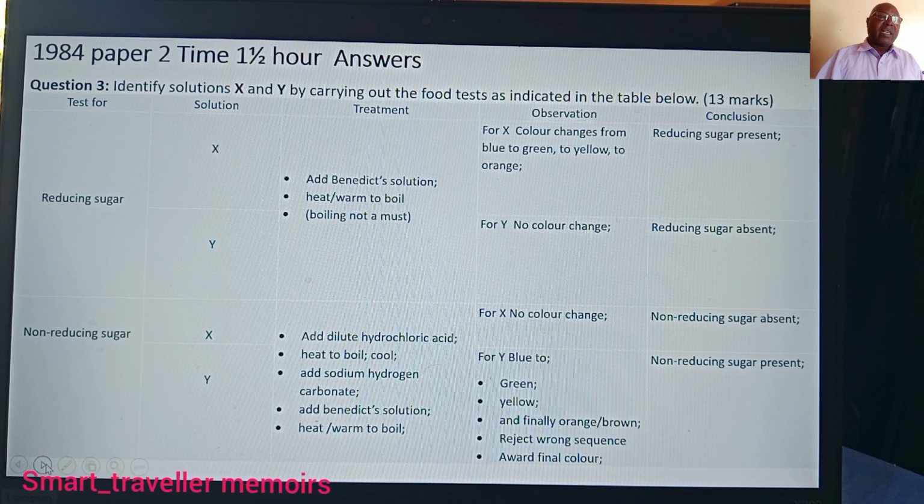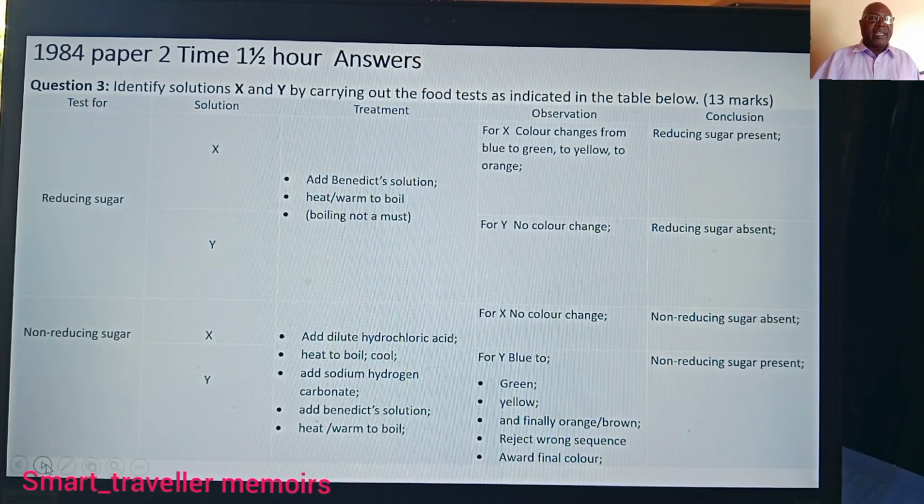The observation for X is there is no color change, so non-reducing sugar absent. And for Y, you have green, yellow, and finally orange color changes, or it can change up to brown. Reject wrong sequence, but I want the final color.